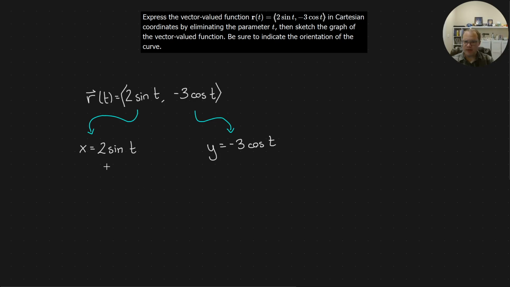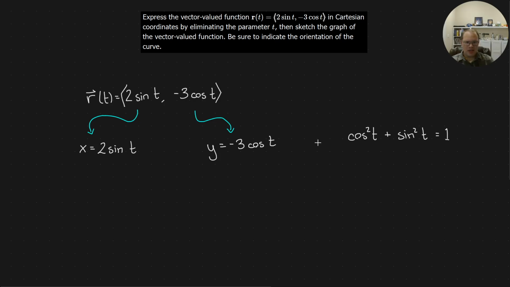Well, whenever you have sine and cosine involved in the x and y, one important and useful property to remember is the Pythagorean identity. Always remember that cosine squared plus sine squared equals 1. Okay?